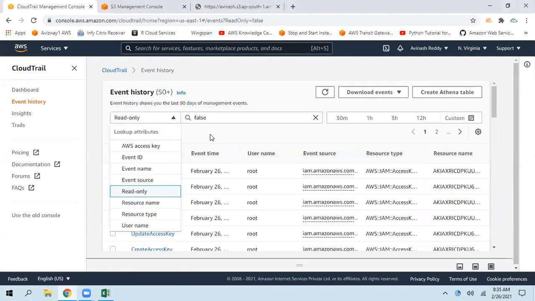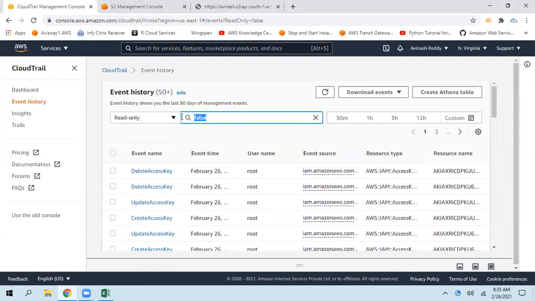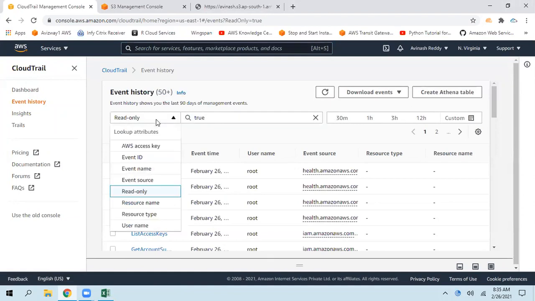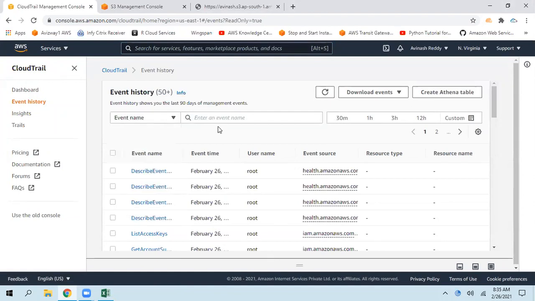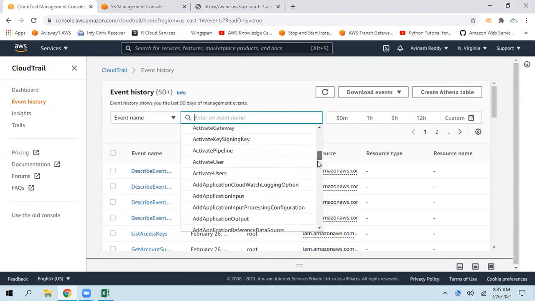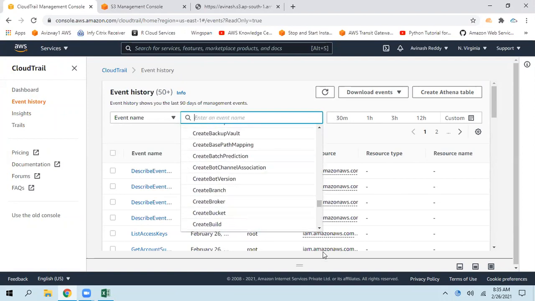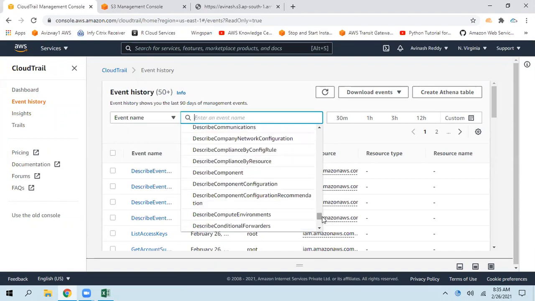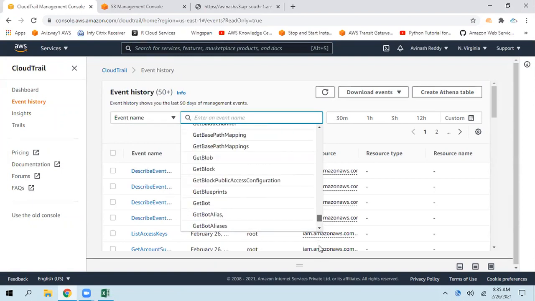See, whenever you set read only to false, it shows only write operations. If you look for read only, it shows millions of records, including refresh and all. Here is the event name. Every single event, even if you scroll down to the bottom, you can find millions.